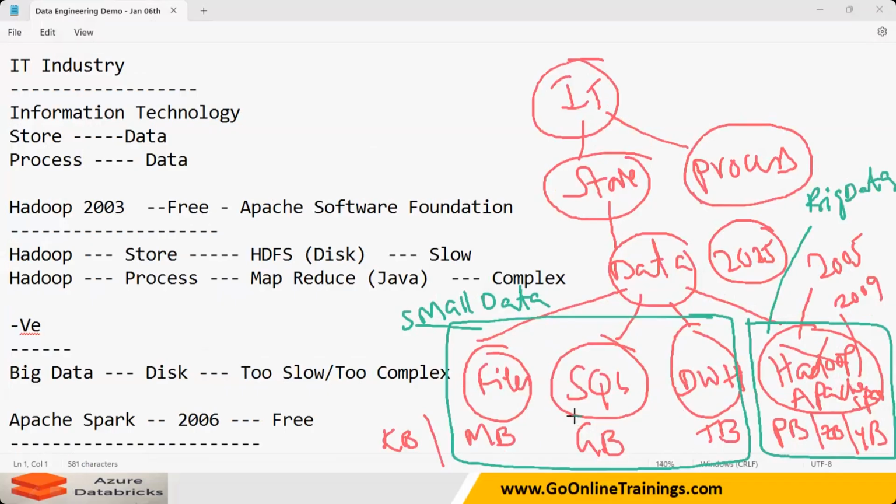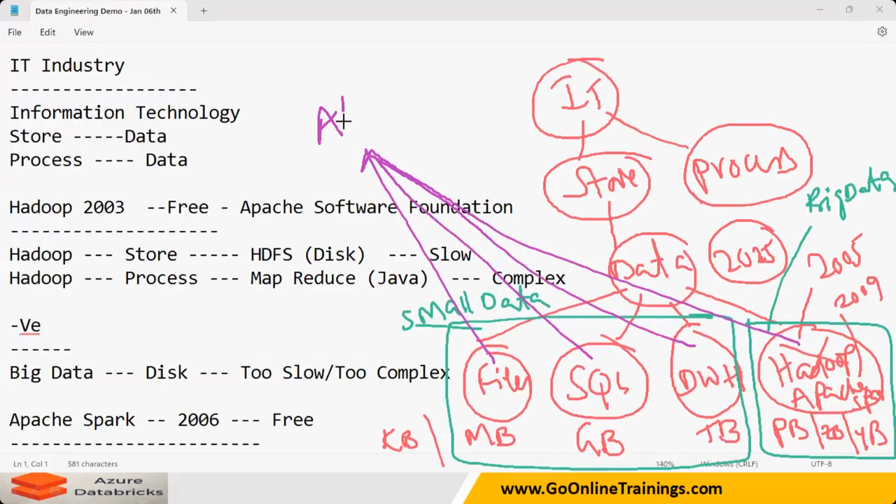When you store the data, what are we going to be doing? On this data, two teams are going to be taking your data. You take the data from here, or from here, or from here. One is AI, artificial intelligence, which is going to be working with your data, or a BI team is going to be working with your data.